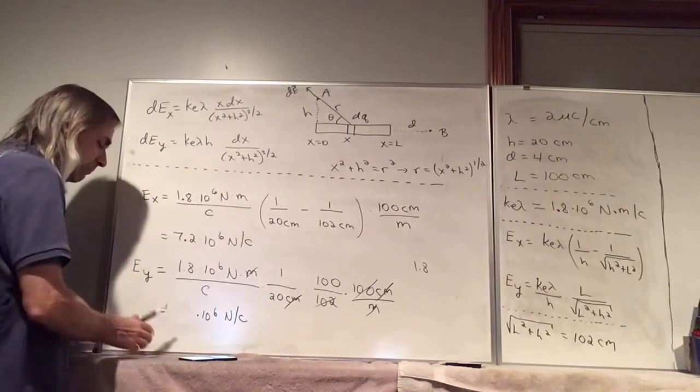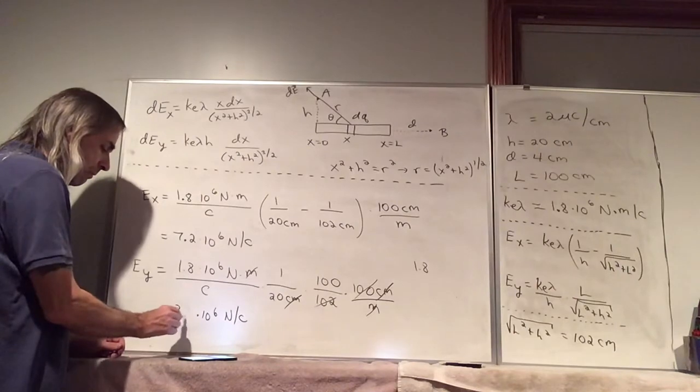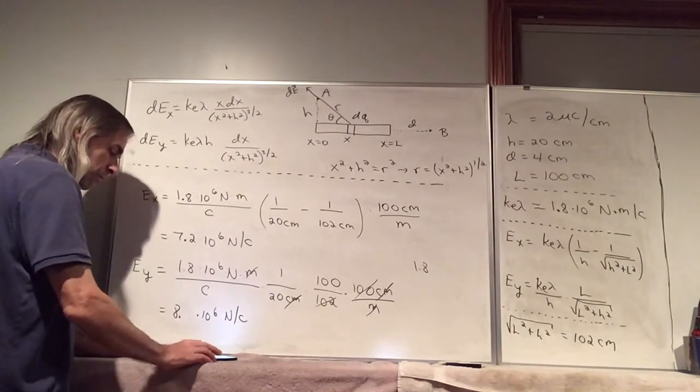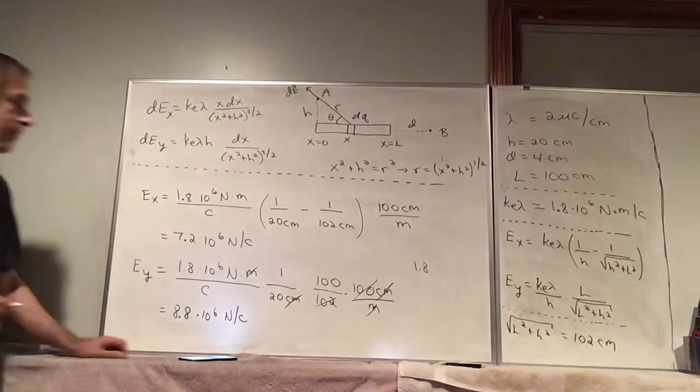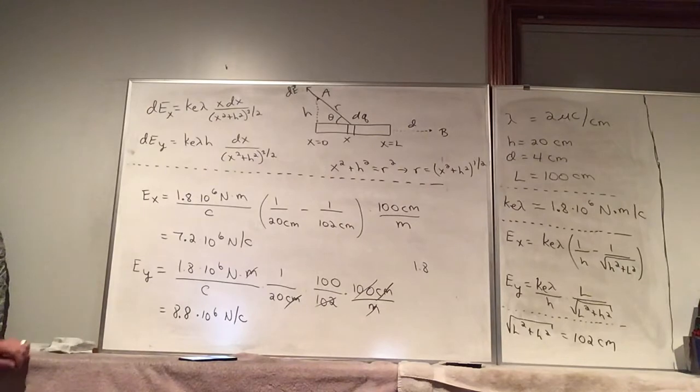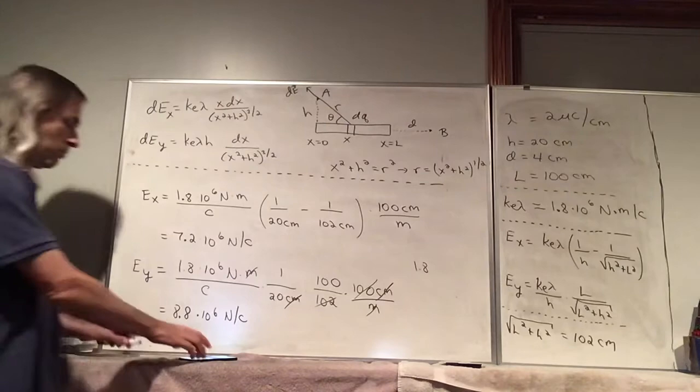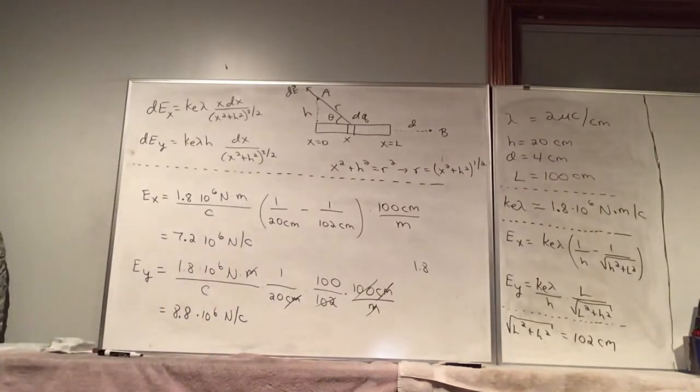Okay, we'll do that. Wait, did I do that? Yeah, 8.8 times 10 to the 6 newtons per coulomb for the y component. Okay, so that's our electric field at point A. We found both components. We'll just double check these numbers one more time, because I'm about to erase this.